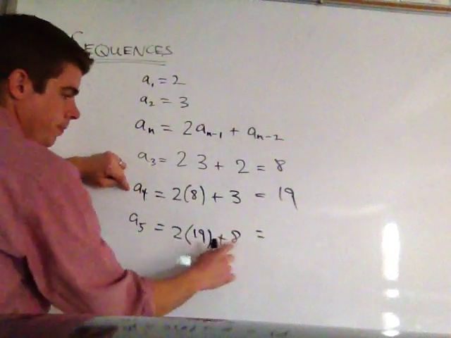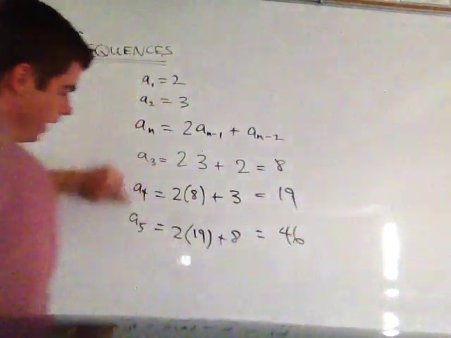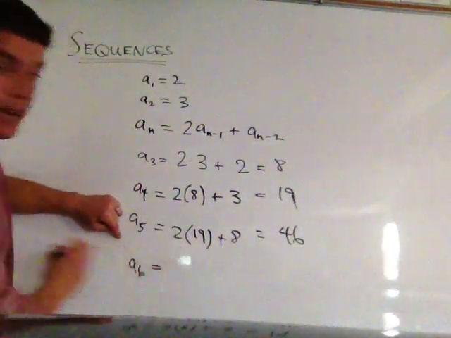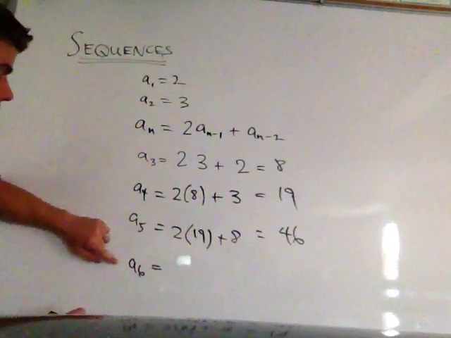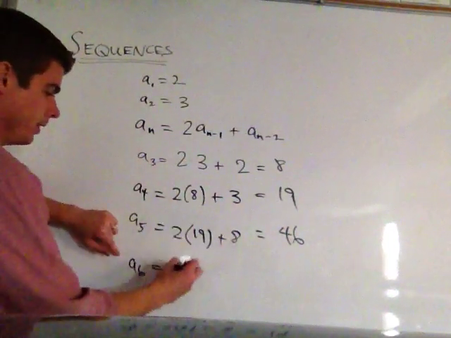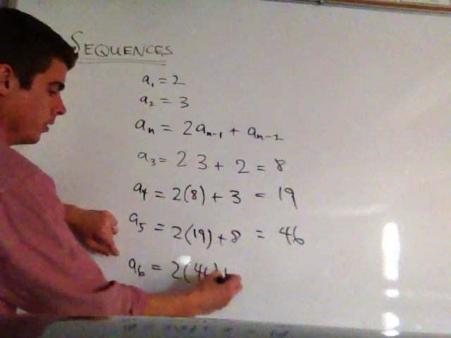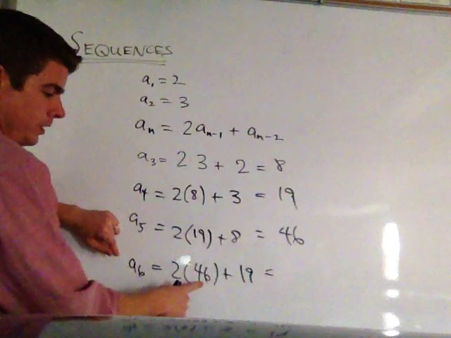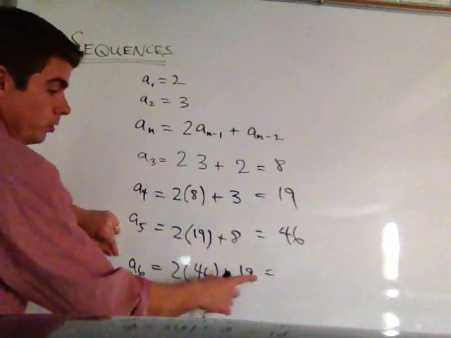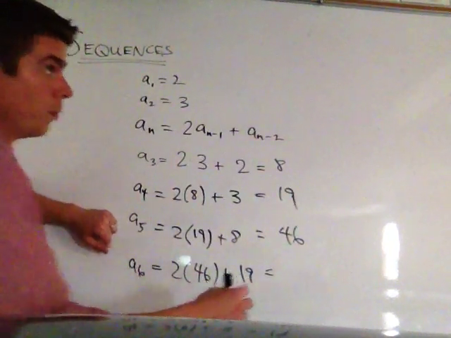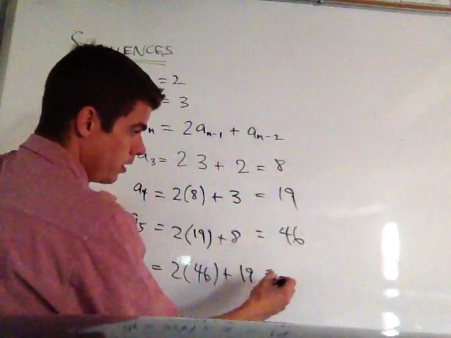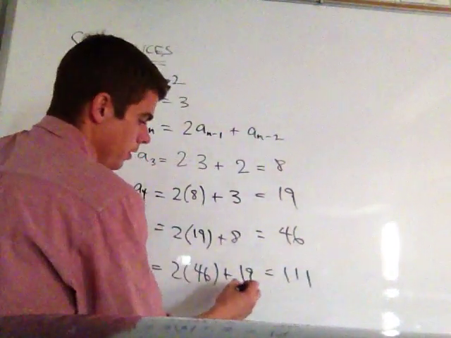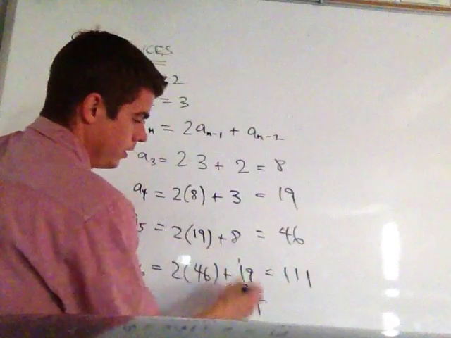So that's 38 plus 8, which is 46. And then I can calculate a sub 6. A sub 6 would be 2 times the previous, 46, plus 2 back, 19. So 2 times 46 is 92, and 92 plus 19 is 111.